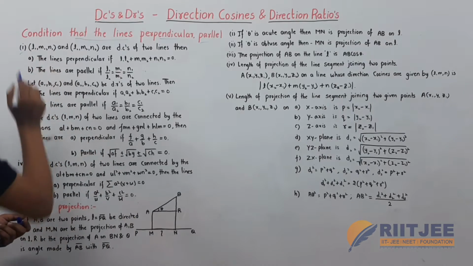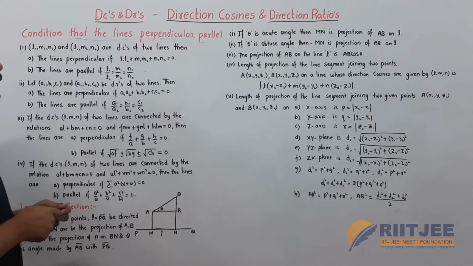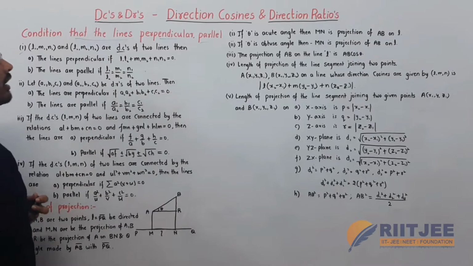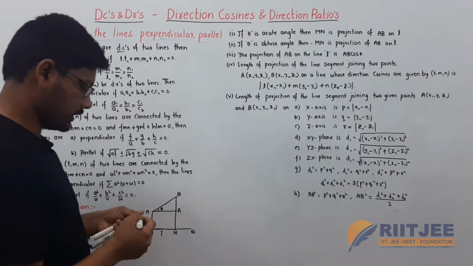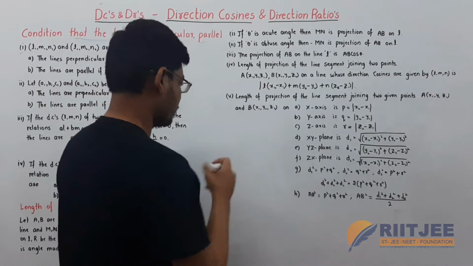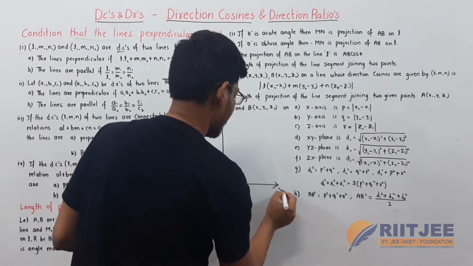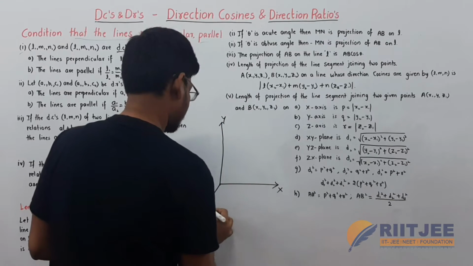First of all, in the first point, l1, m1, n1 and l2, m2, n2 are direction cosines of two lines. Then the condition will be like this. Here I am taking this as the x axis, this as the y axis and this as the z axis.